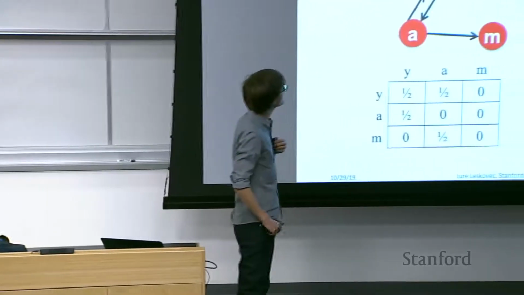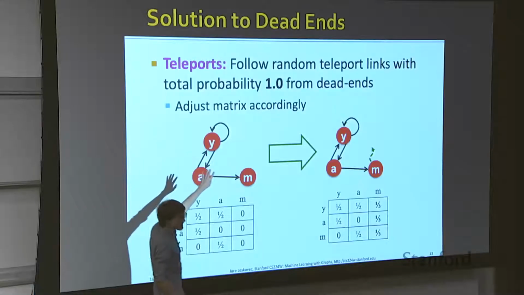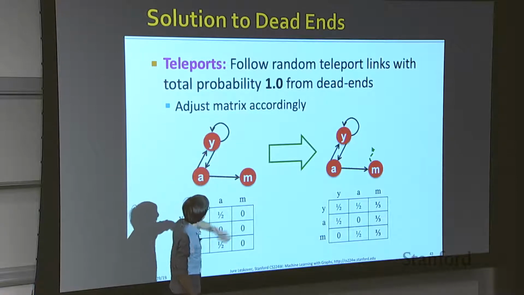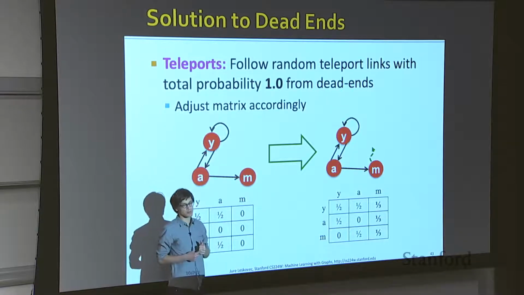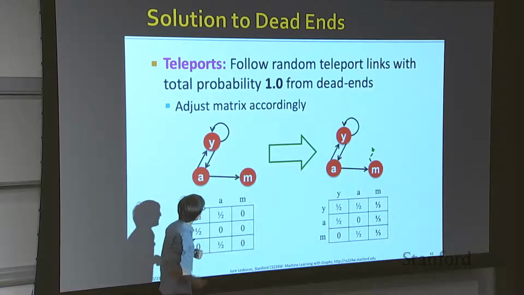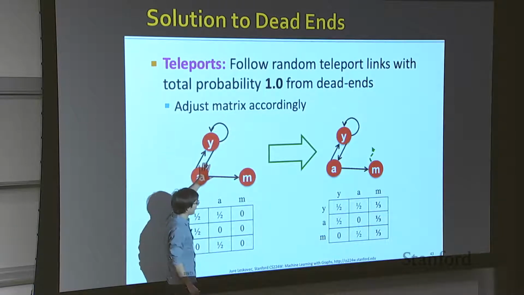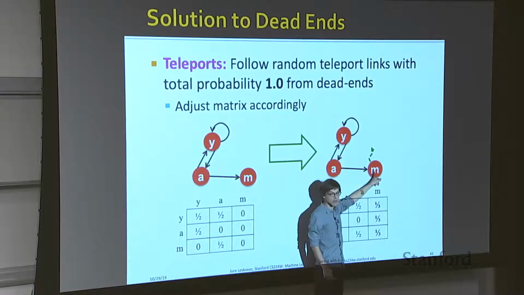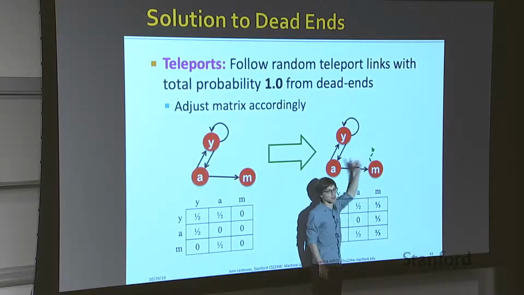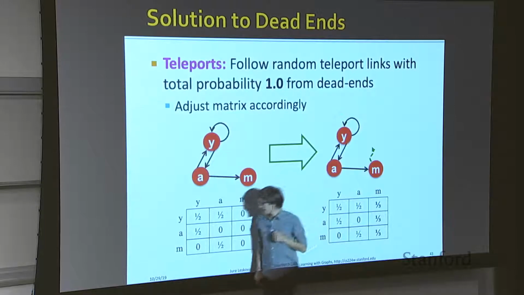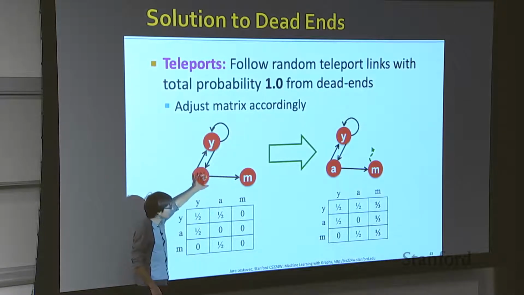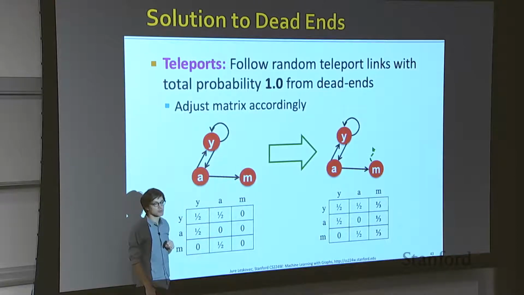And then what is the solution to the dead ends? The solution to the dead ends is also teleports, where we say if you come to a dead end, always teleport, right? So the idea is that rather than thinking of this graph like that, we think of it that if I come to M and there's nowhere else to go, I'll just teleport with probability 1. Okay? And why is this important? Because before we were saying that M has to be column stochastic, right?